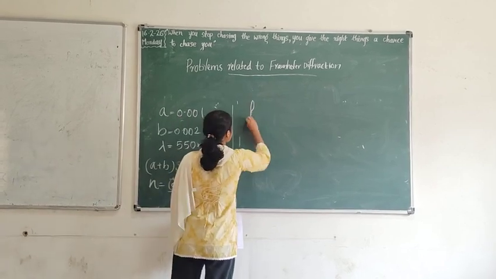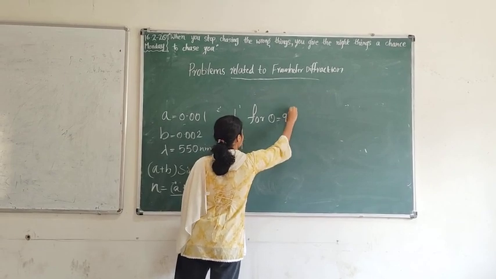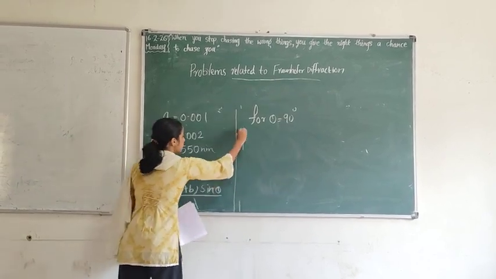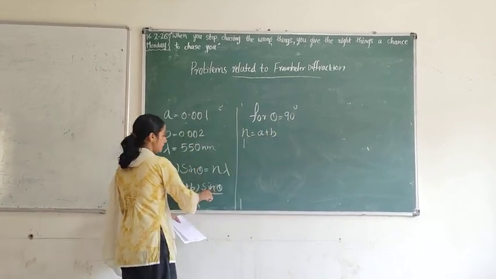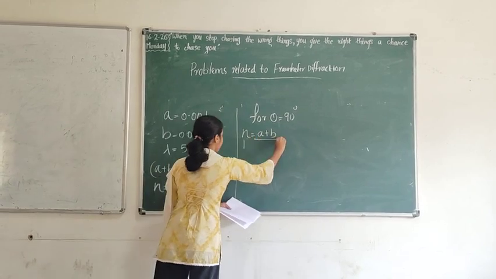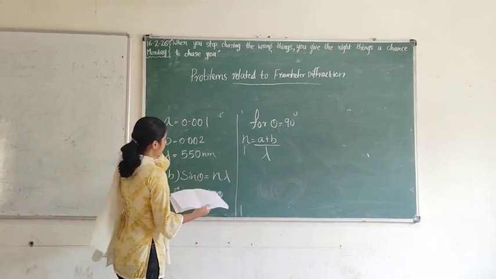For theta equal to 90 degree, sin 90 is 1.